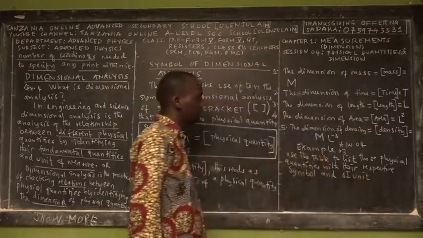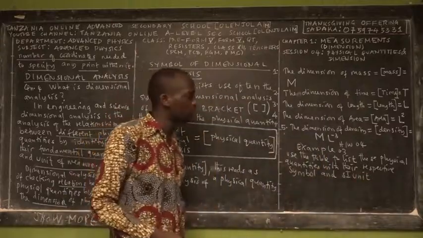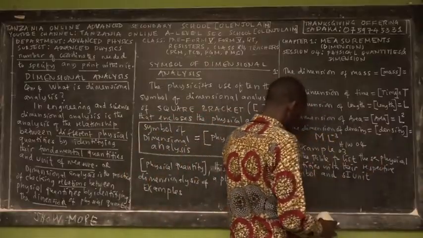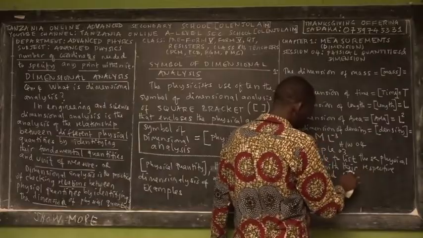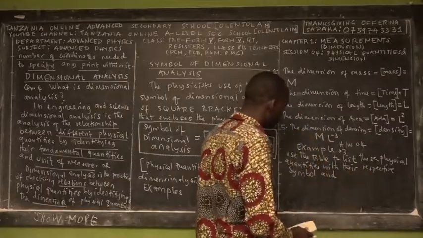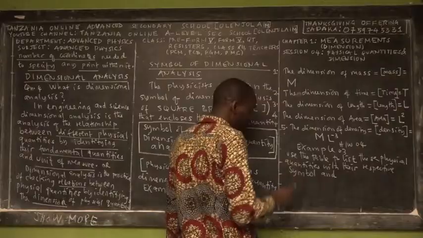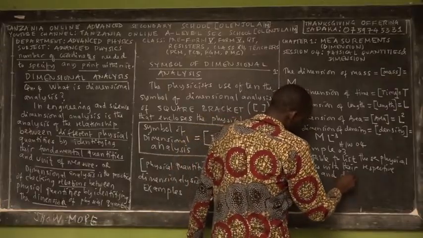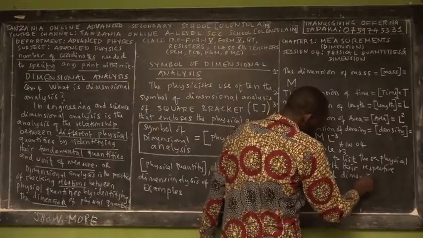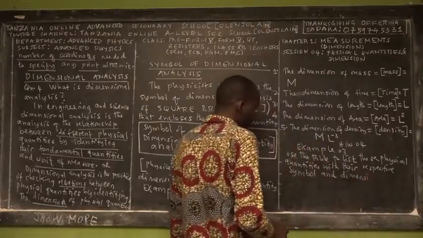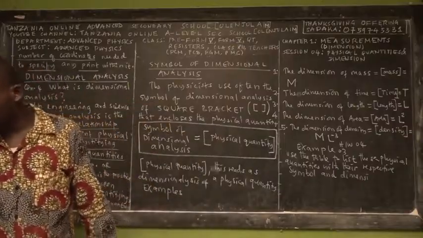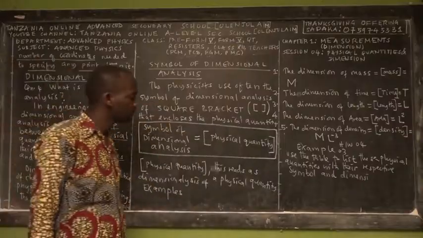What is the goal of these questions? The goal of these questions, we want to show you their respective symbols, because the symbol of dimensional analysis may be different from the symbol of the SI unit.